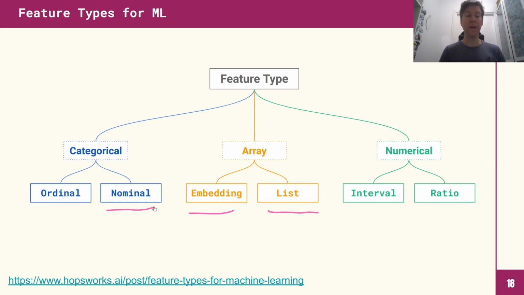Some categorical variables may have an inherent ordering. Weather is probably a good example because it's not numerical. It's going to be dry today. It's going to be damp. It's going to be wet, or it's going to be very wet.